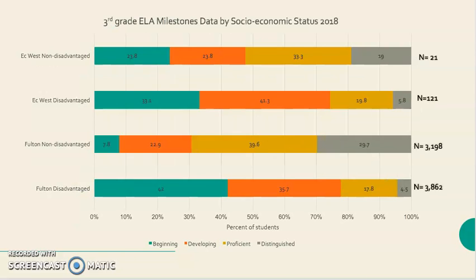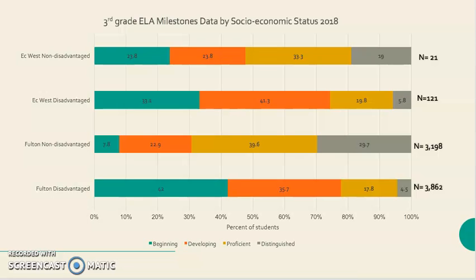Next is a graph showing the socioeconomic breakdown of the same third grade ELA GMAS scores of 2018. One area of improvement would be with our non-economically disadvantaged students. The non-economically disadvantaged students at the county level are performing at or above grade level at 69.3%, whereas our school's non-economically disadvantaged population is performing at 52.3%.